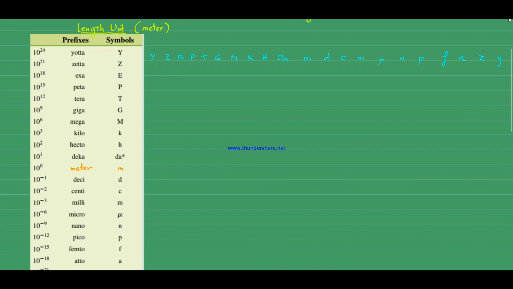I have to say that we barely touch these units, even in some engineering or chemistry courses, and we barely touch the yotta and zetta ones. Now, because meter is the reference unit, let me use a different color here.